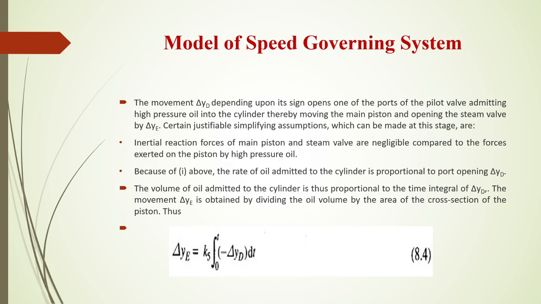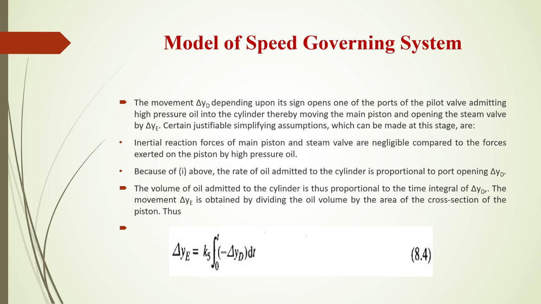So we are making certain assumptions here. First, the inertial reaction forces of the main piston and steam valve are negligible. Second, because of the first, the rate of oil admitted to the cylinder is proportional to the port opening delta YD. So the volume of oil admitted to the cylinder is proportional to the time integral of delta YD, and the delta YE movement is obtained by dividing the oil volume by the cross-sectional area of the piston.